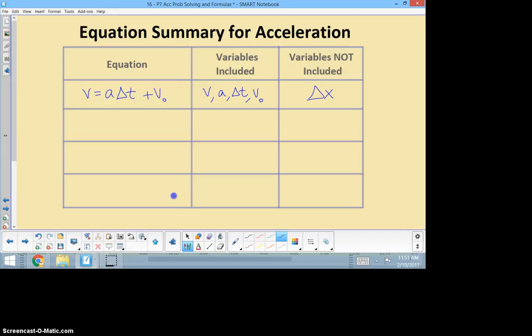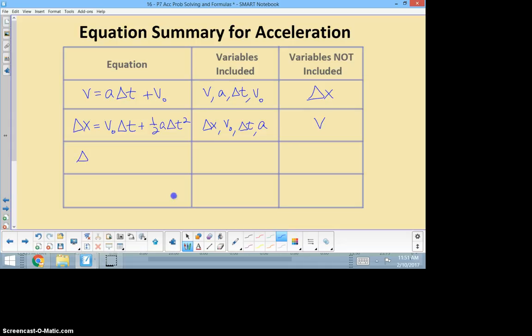Our second equation was displacement equals v0 times time plus 1/2 a delta t squared. The variables that are in this one are displacement, initial velocity, time, and acceleration. There is no final velocity listed in that equation.